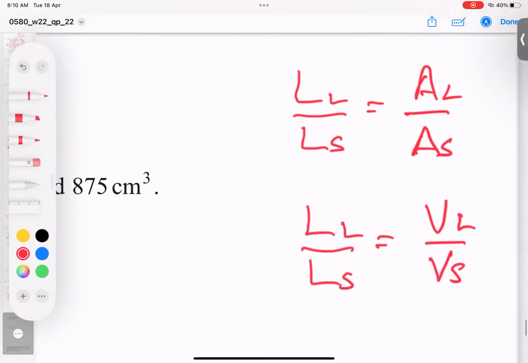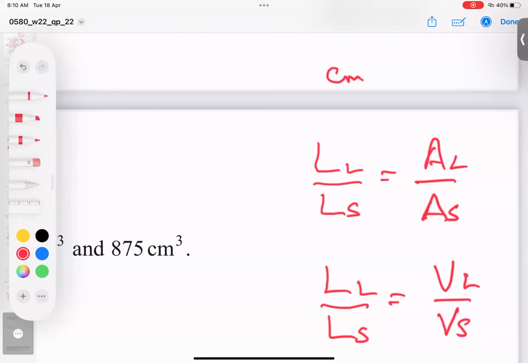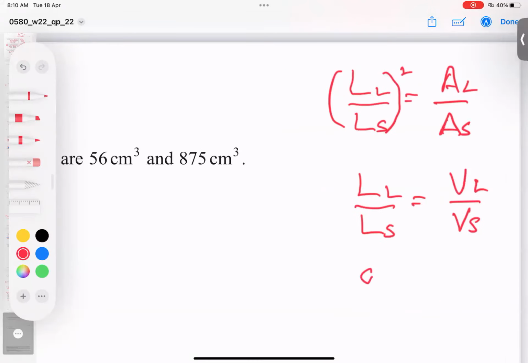But make sure in the case of area, because you know length is already centimeter and area is already centimeter square, are they balanced? No. To make them balanced, I will put a square on it, so it means the square of the length. In the volume situation, length is centimeter and volume is centimeter cube. Are they balanced? No. To make them balanced, I will take length cube. I hope you got my point.